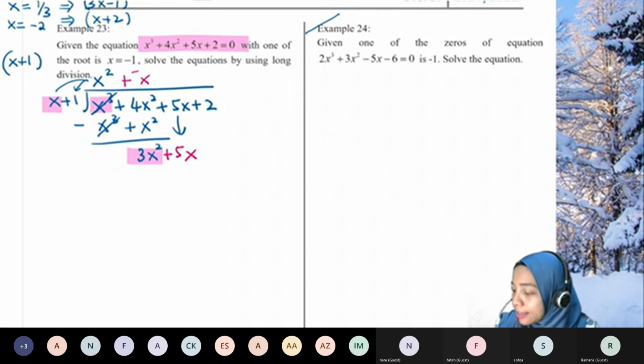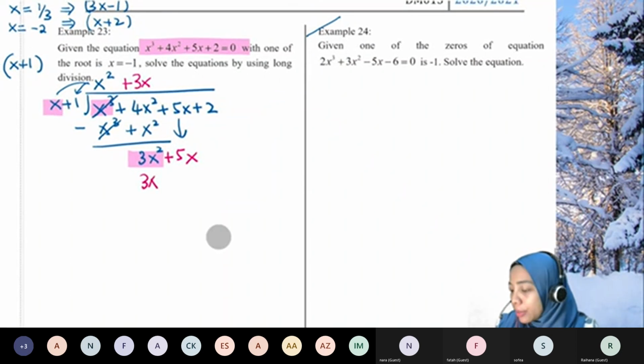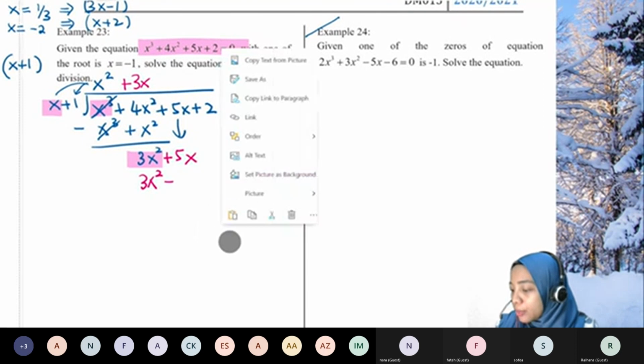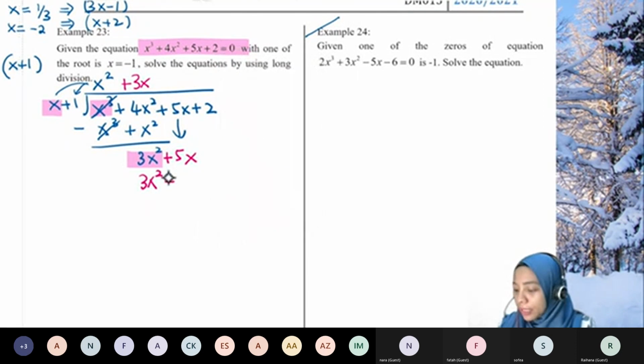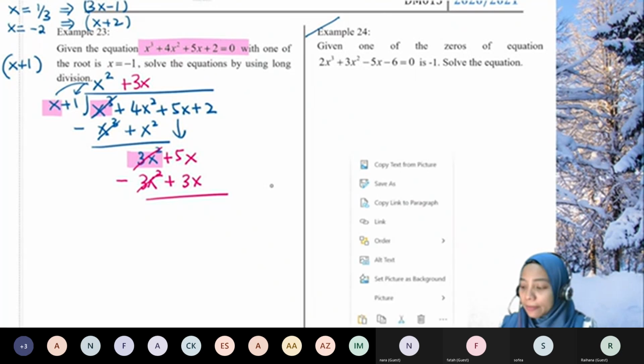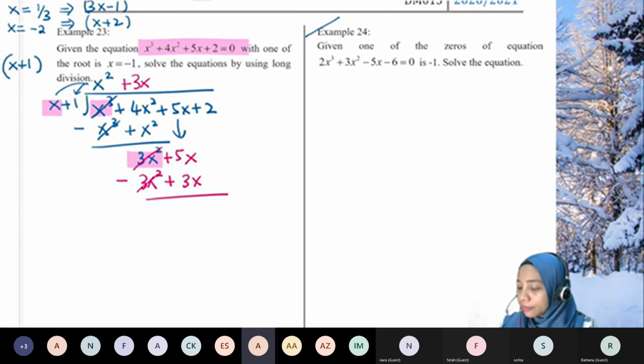And then you perlukan 3. So 3x times x, 3x square. Plus with apa? 3x. Yes, times 3x times 1, so 3x. Okay, minus this one potong. 5x minus 3x, 2x. Okay, 2x. And then you turunkan 2.